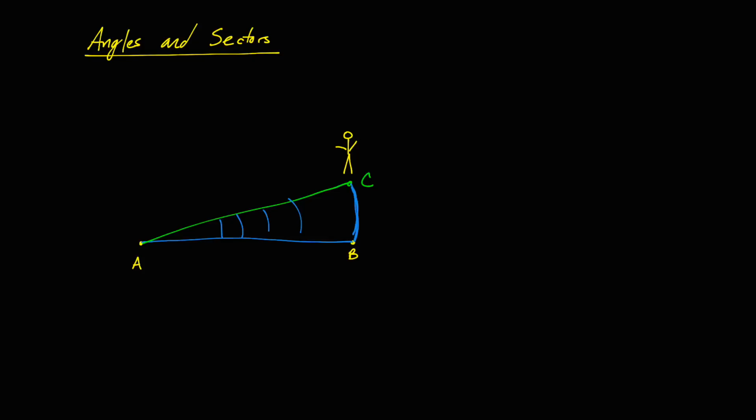That is all a measurement of an angle. We usually denote this measurement with some sort of Greek letter. We usually use theta here. We can use phi or other ones, but I'll use theta to denote this angle measurement. So angle A is equal to theta in this case.